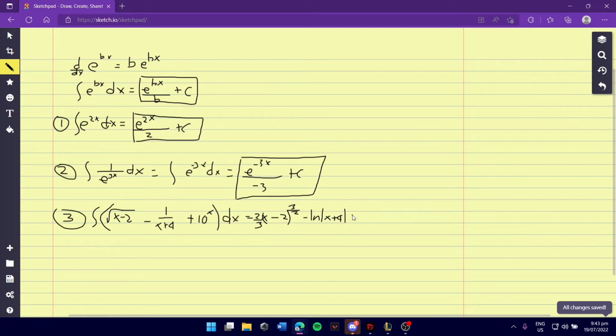Then the next term, since x is the exponent, this will become 10 raised to x, then copy, and then put ln of 10. And then plus our arbitrary constant, which is c. So this is now your final answer.